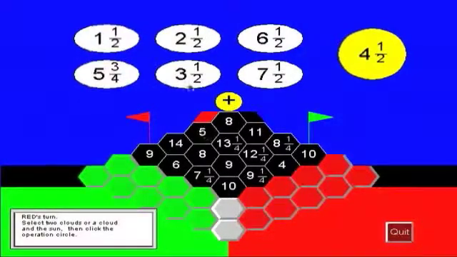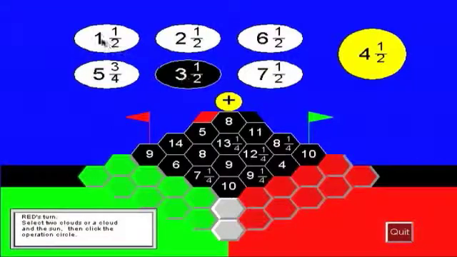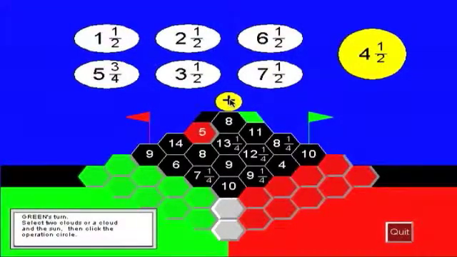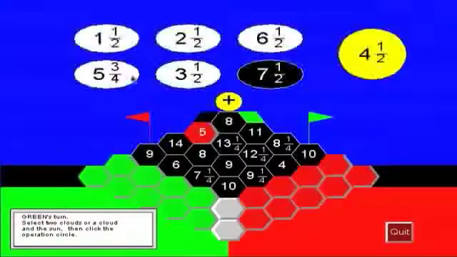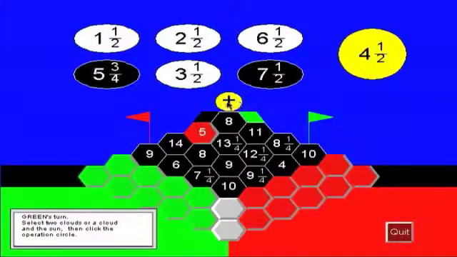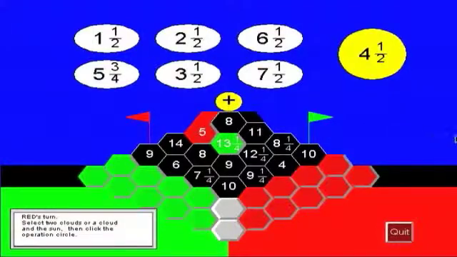Say that red wants 5, so those two should add up to 5. And let's say green wants to block with 13 1/4. So 5 3/4 looks like it'll give an extra quarter with the half. 5 and 7 are 12. So it looks like it'll work.